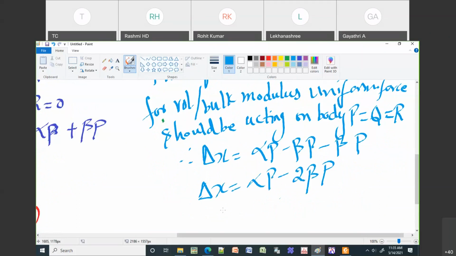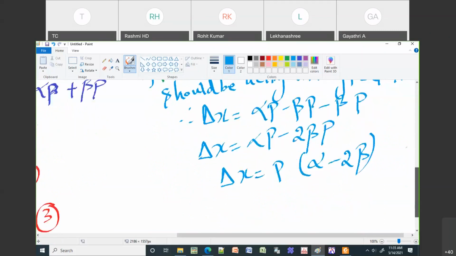So delta X will be equal to P into alpha minus 2 beta. This is your equation for delta X in terms of alpha and beta.